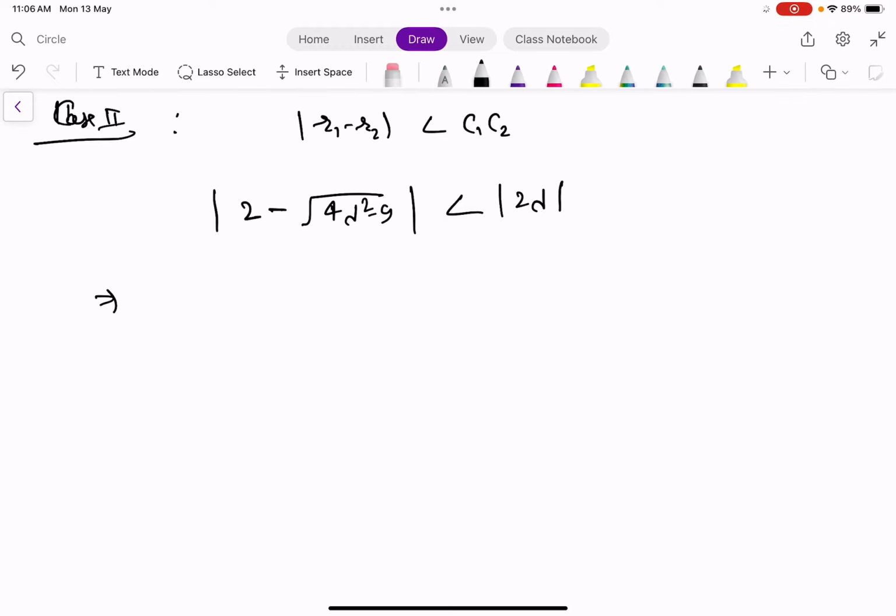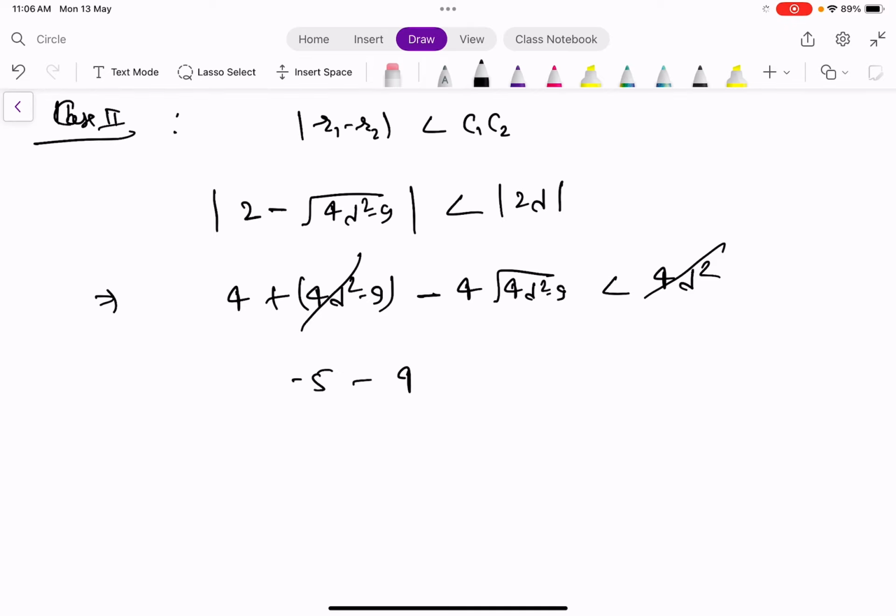Again squaring both sides, what we got here? Mod will be cancelled out, and that will be 4 plus 4 lambda square minus 9 minus 4 under root of 4 lambda square minus 9, and that is less than 4 lambda square. 4 lambda square cancels. This is minus 5 and minus 4 under root 4 lambda square minus 9 less than 0, right?